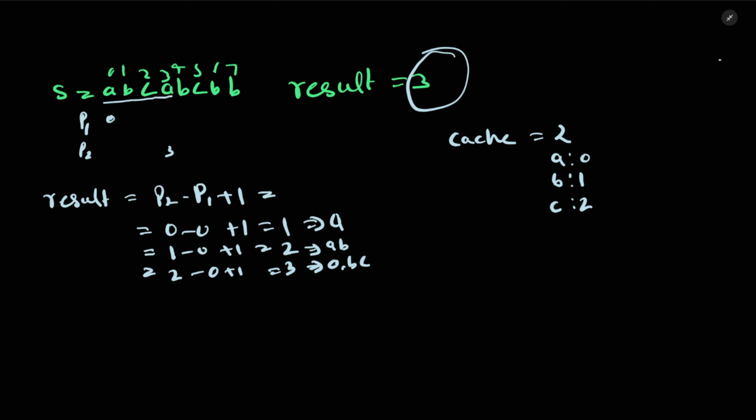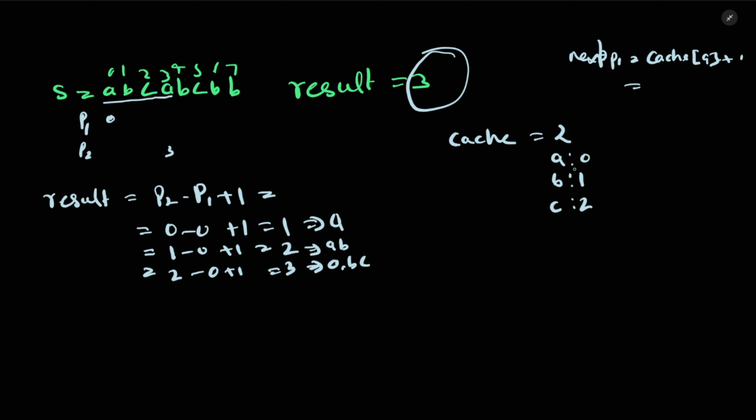Whenever we find a character that we have previously seen, the substring becomes invalid, and to make it valid we need to move p1. The next position of p1 will be the previous position of that character from the cache, plus 1.